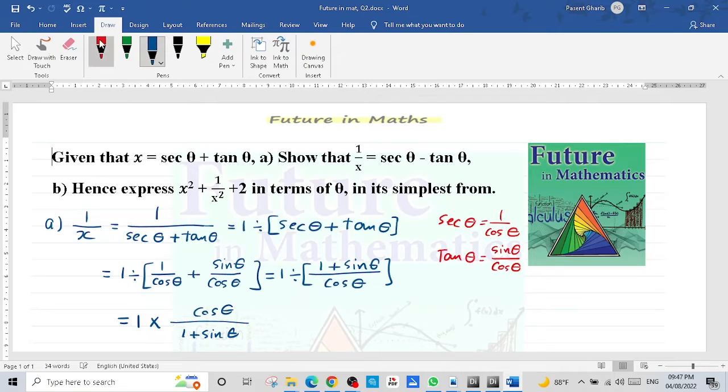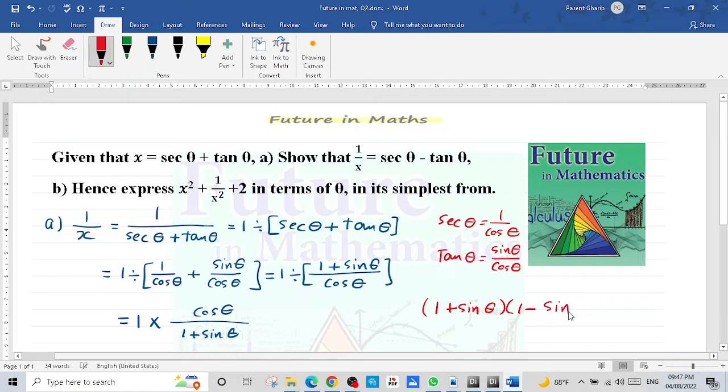Now, we know that 1 plus sine theta multiplied by 1 minus sine theta is a difference of two squares. So it's 1 squared minus sine squared theta, and 1 minus sine squared equals cosine squared.